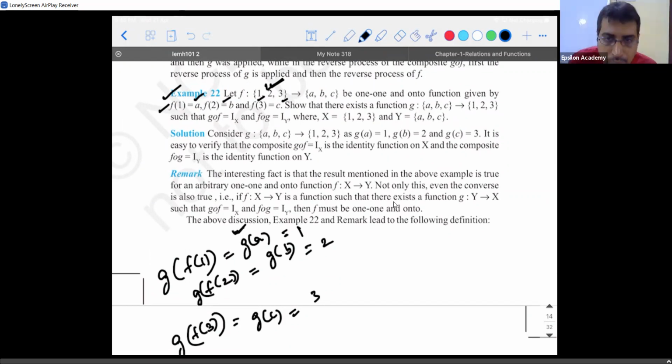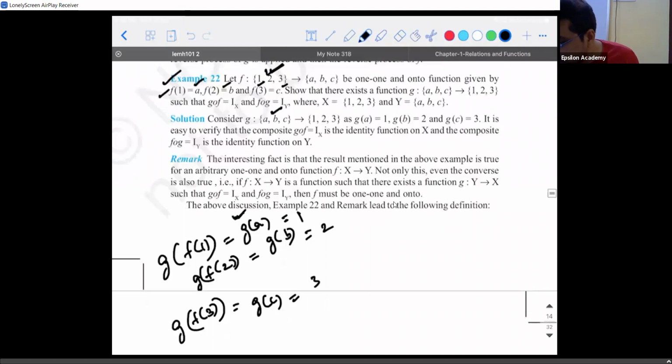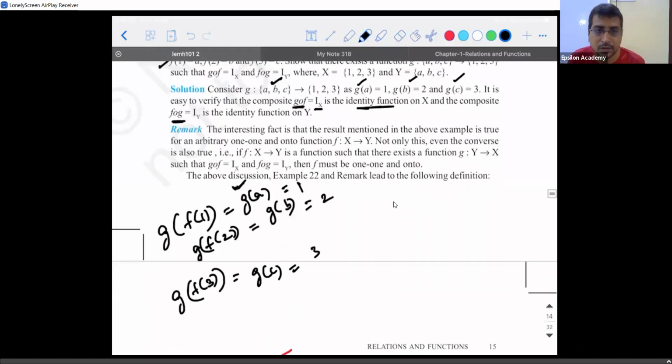So if you consider g, which is a function mapped from {a, b, c} to {1, 2, 3}, then as g of a is 1, g of b is 2, and g of c is 3, it is easy to verify that the composite g circle f is equal to I of X, the identity function on X, and the composite f circle g is equal to I of Y, the identity function on Y. Now find out what is f circle g. It will be a, b, c, sir.